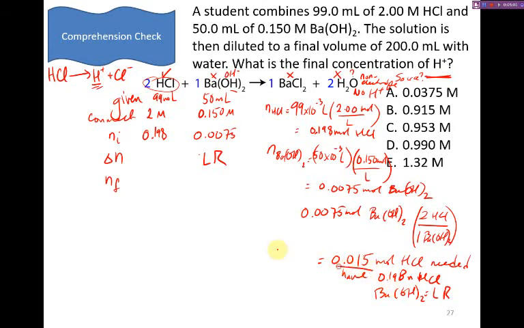So we've already determined that we need to use 0.015 moles of hydrochloric acid, which leaves us with 0.183 moles left over.